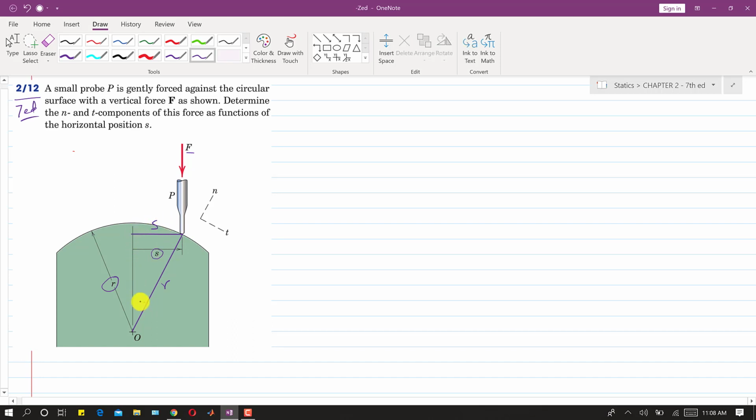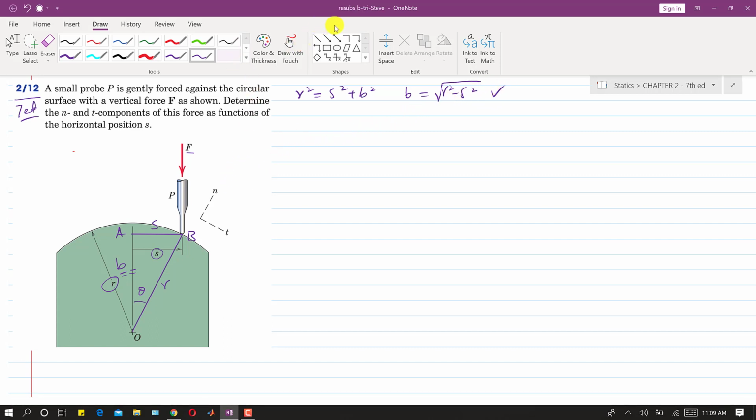If this is theta, then this is the base of this triangle OAB. Using Pythagoras theorem, R square will be equal to S square plus B square, and the base will be equal to the square root of R square minus S square, right? So this is the base.